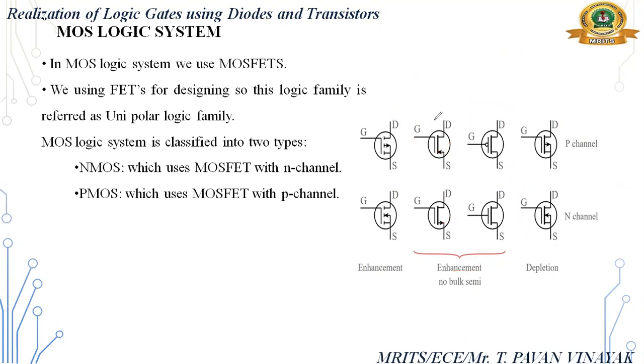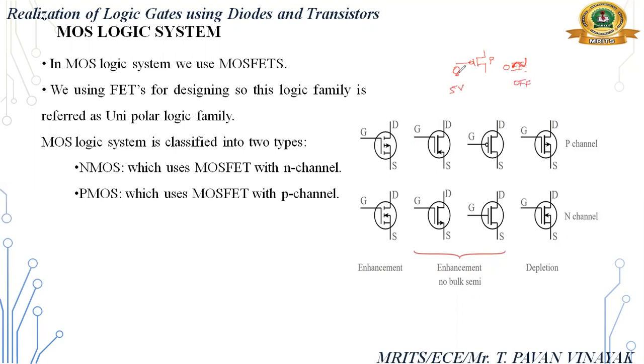Let us see the working. For P channel, whenever you give 0 volts, it is on. Whenever you give 5 volts, it is off.